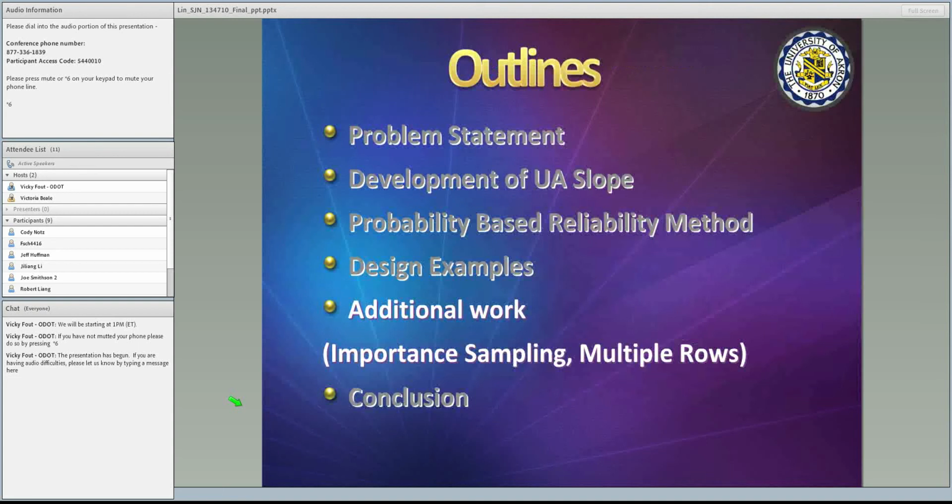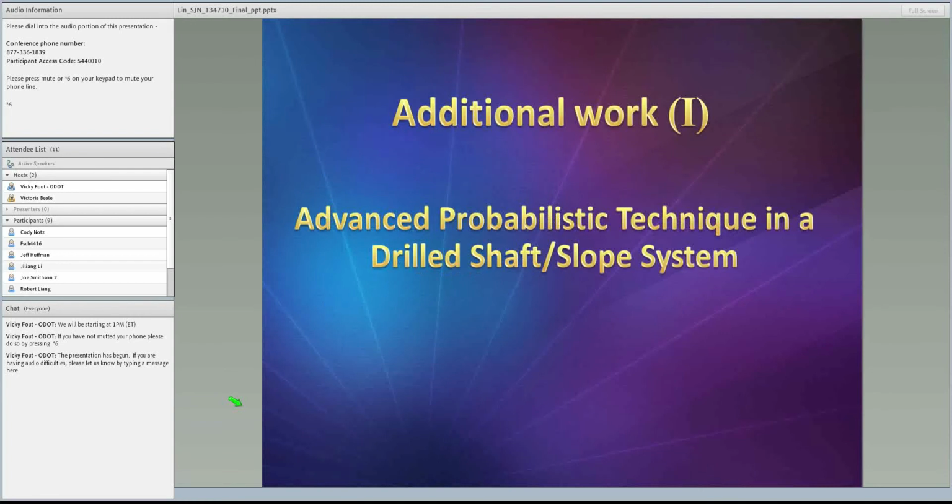So usually, if we want to use Monte-Carlo simulation, we have to generate a large number of soil samples to get the probability of failure. For example, if the probability of failure is very, very small, it needs a large number of soil samples to generate.